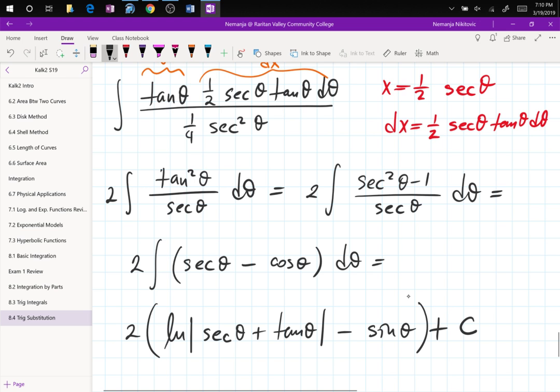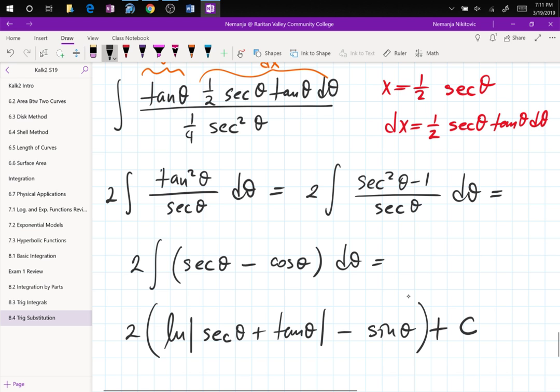Because I remember a few of you staying after the class and asking me, well, how do you know to use this particular one? And I said, well, someone who had a lot of time on their hands figured it out, and now we just know what to use. So we can just memorize it. Secant theta. The answer is yes. So the integral of secant theta is ln absolute value of secant theta plus tan theta. Yep.